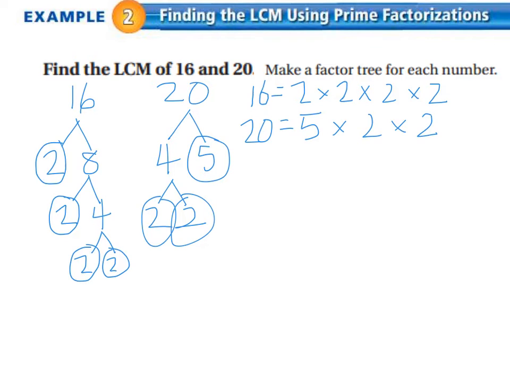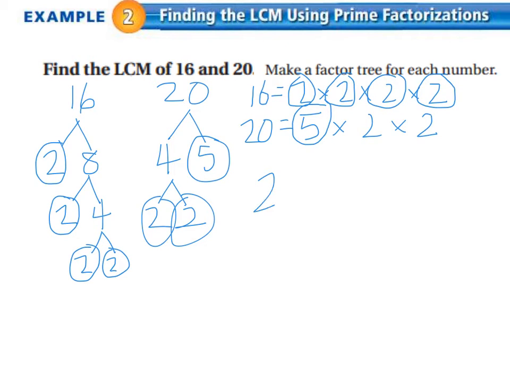It appears more often in the factor list for 16. So I'm going to circle all of the 2's that were in 16 because they occurred the most often. 5 appears only once, so I will circle that, but I will not circle the extra 2's again. And then I find the product of those numbers that I have circled.